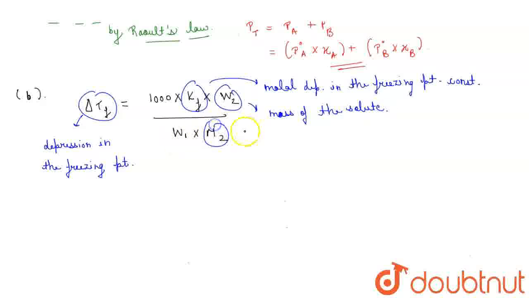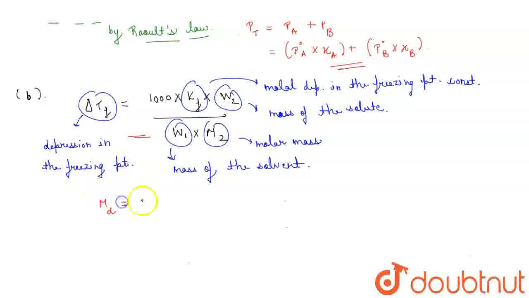M2 is the molar mass of the solute, which we have to find out, and W1 is the mass of the solvent. Clear?